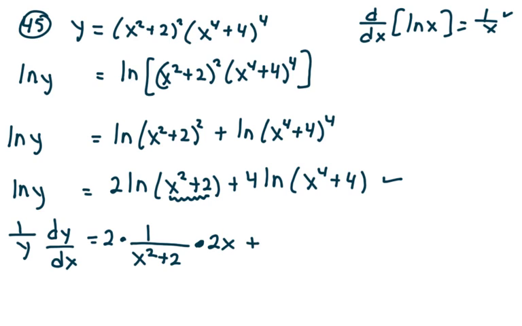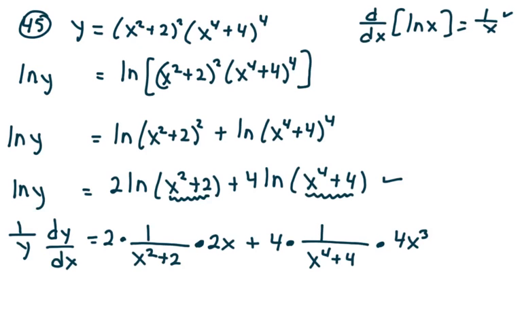And then I'm going to add 4 times 1 over (x to the fourth plus 4) times the derivative of the inside function with respect to x, which in this case is 4x cubed.